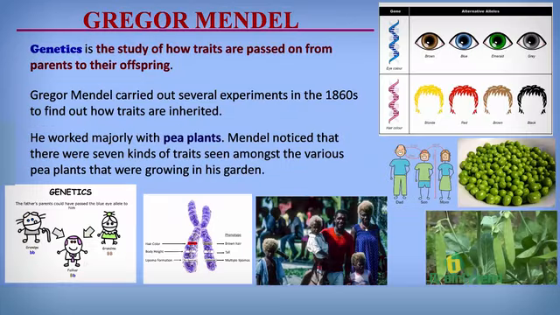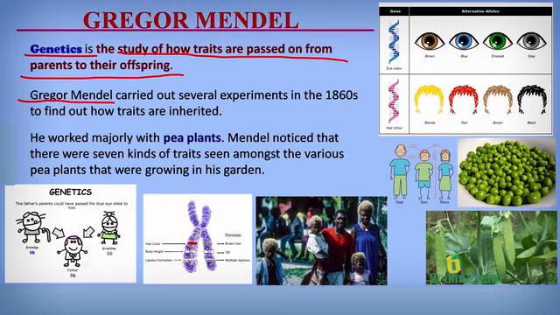And we said he discovered this in his works in genetics. Genetics here simply refers to the study of how traits are passed on from parents to their offspring. So genetics simply means the study or the science that deals with how traits are passed on from parents to children. And this discovery was made by Gregor Mendel.